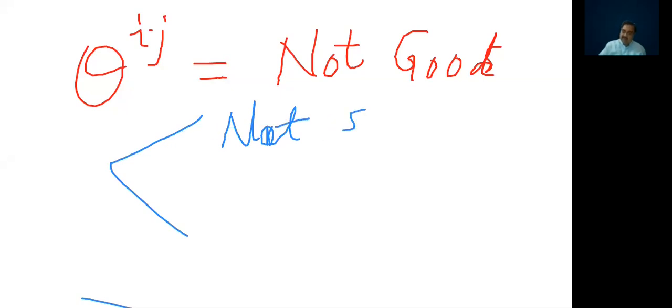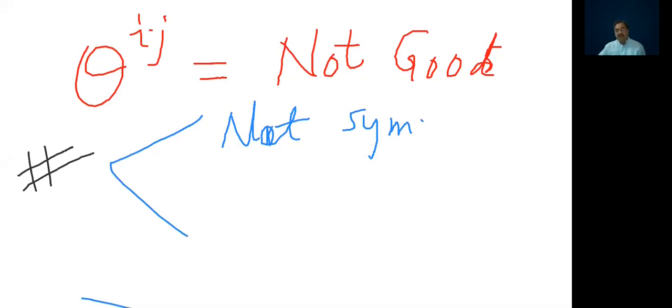You know the property of a symmetric tensor, that theta ij should equal theta ji. So if you change the indices, the answer should be the same. But it doesn't happen for this, and you should actually check this. So it is not a symmetric tensor.